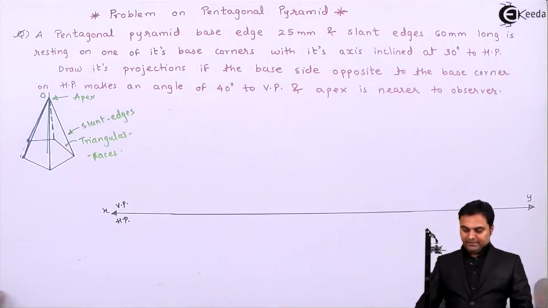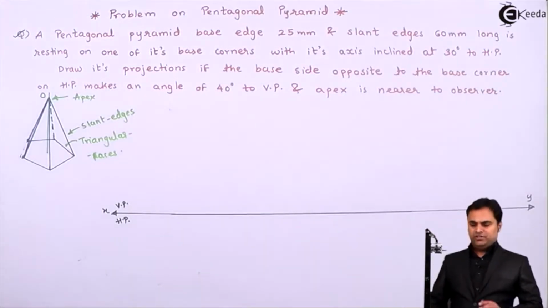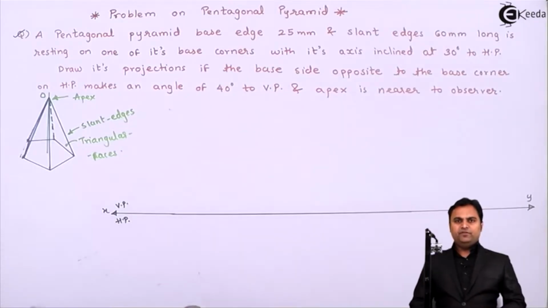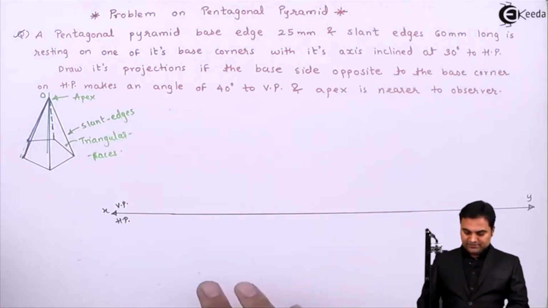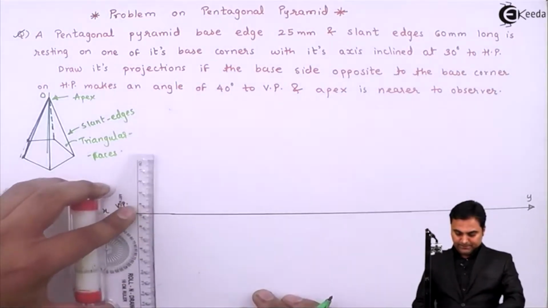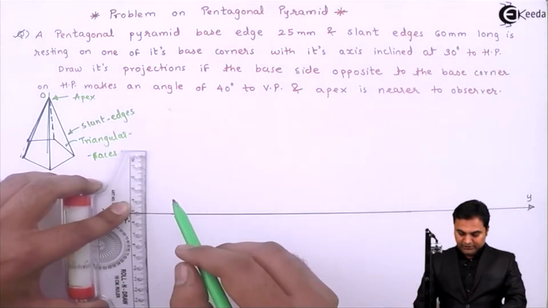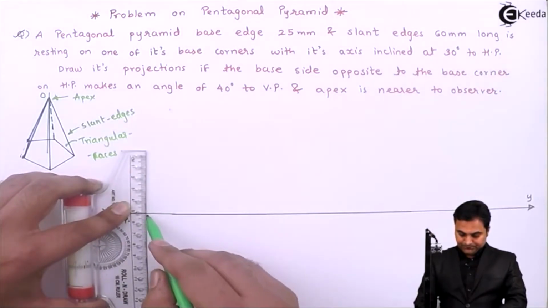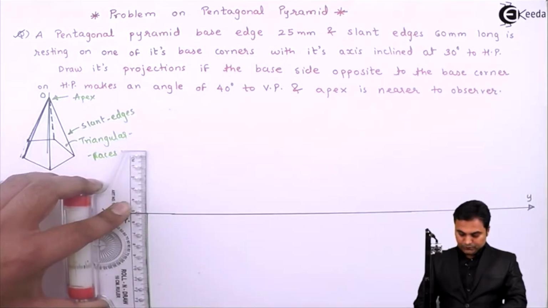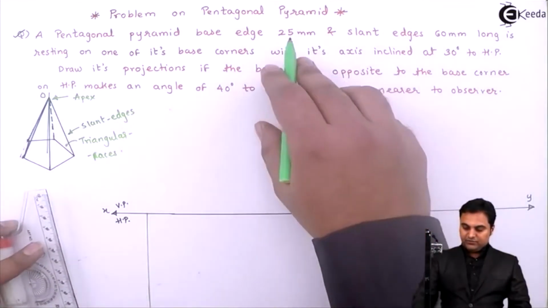So for that, I'll draw the pyramid in HP because nothing is mentioned. Either it is in HP or VP, so we can take it in HP. And it is resting on base corner. So for that, first I'll draw a light vertical line. Over that, I'll mark the edge, which is 25.